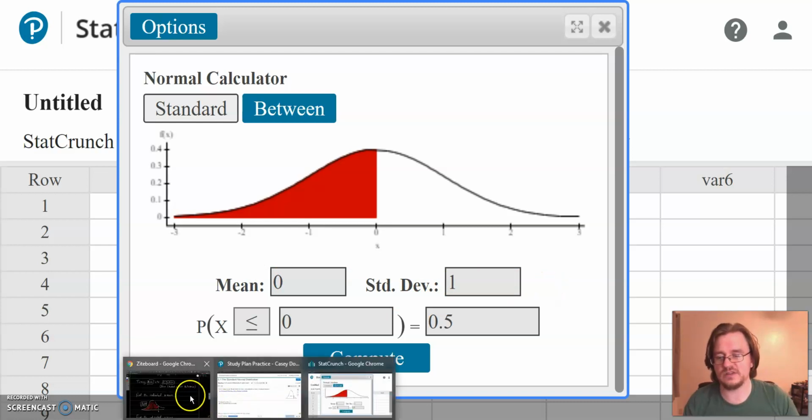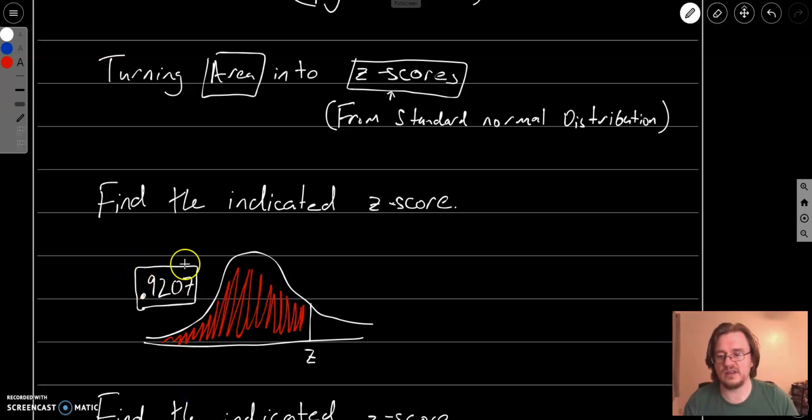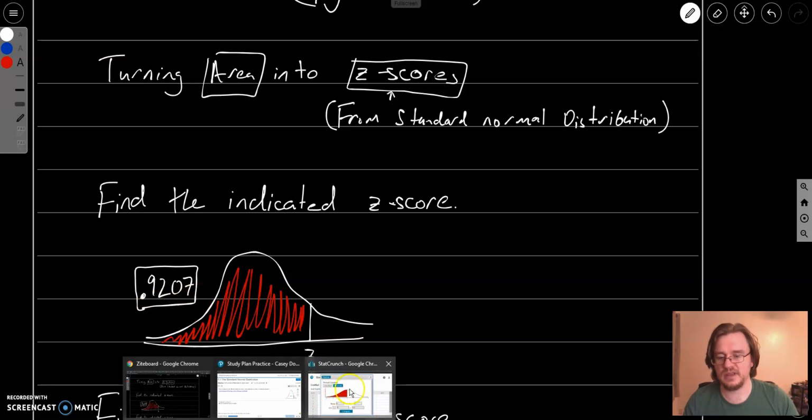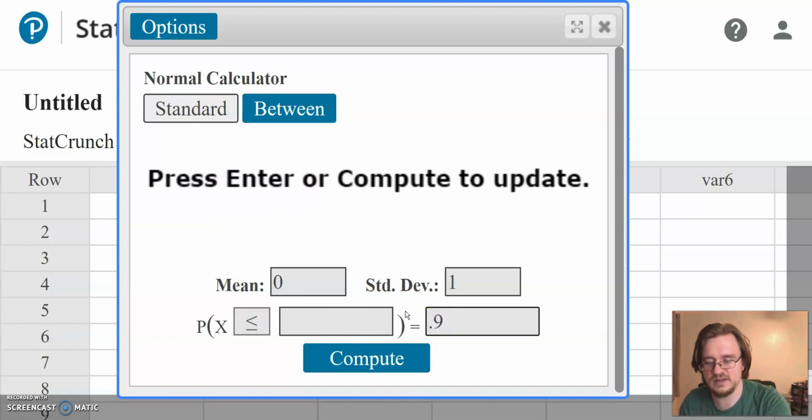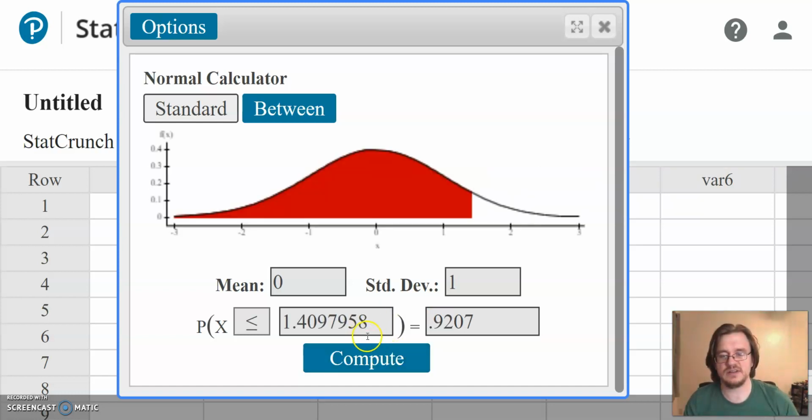The area to the left is going to be equal to 0.9207.